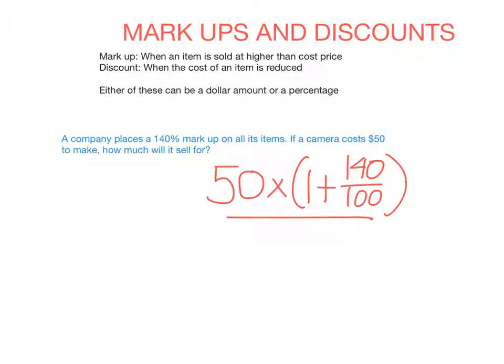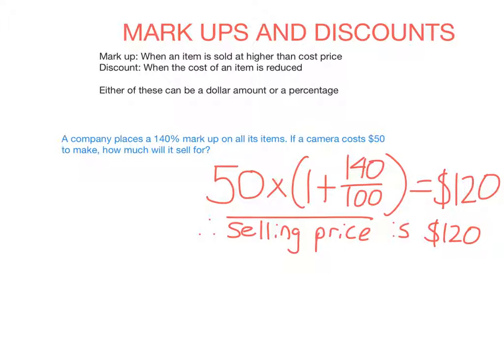This calculation is just 50 increased by 140%. If you put this on your calculator, you will get $120. So the company should sell it for $120. So the selling price is $120. Usually we call it a selling price.